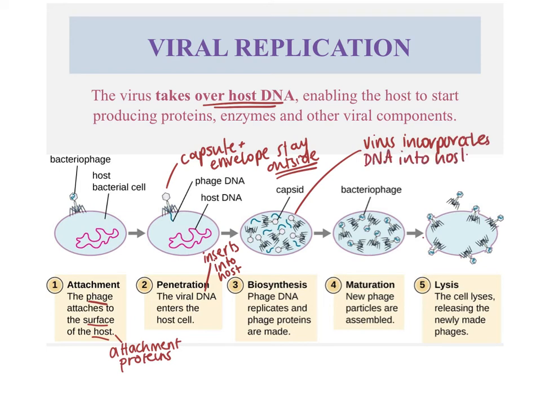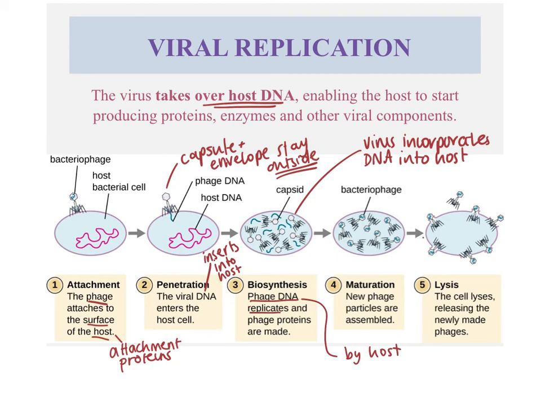Now this means that when the cell would normally use the ribosomes to make proteins for the cell, once it gets to the bit of viral DNA, it goes, oh, okay, that's DNA, cool, we're just going to make that. And in turn, that means that the viral DNA becomes replicated by the host. And that makes more copies of the proteins that are needed to build the virus.